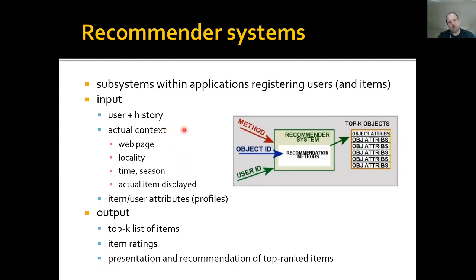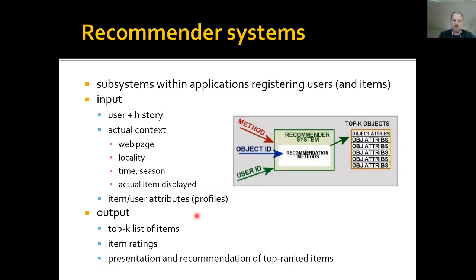There are also other things like context of recommender systems, but these are application specific. We can distinguish between locality, time, seasons, other contextual properties.